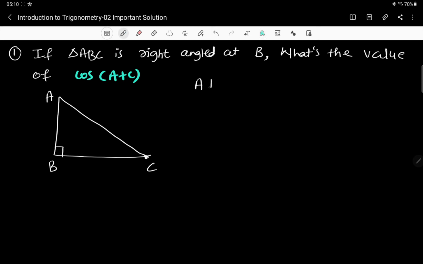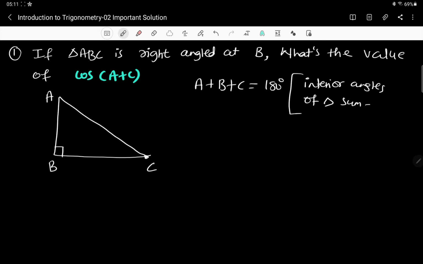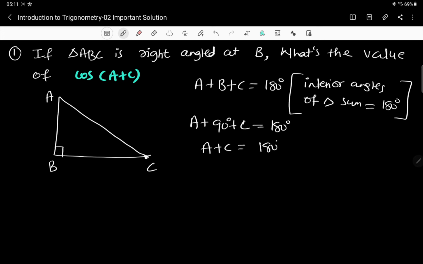So we know A plus B plus C is equal to 180 degrees. Why? Sum of interior angles of a triangle. So that is equal to 180 degrees, and A is A, B is 90 degrees, C is as usual C. So A plus C is equal to 180 degrees minus 90, so that is equal to 90 degrees.